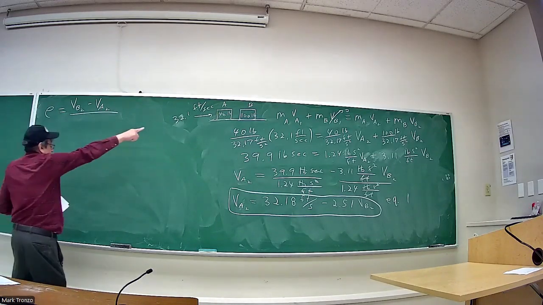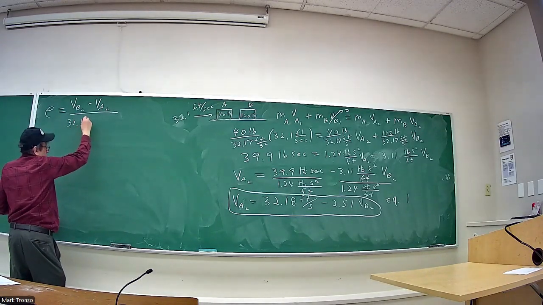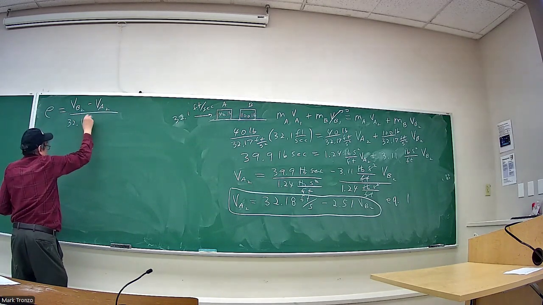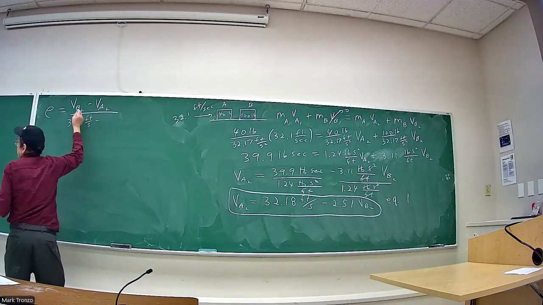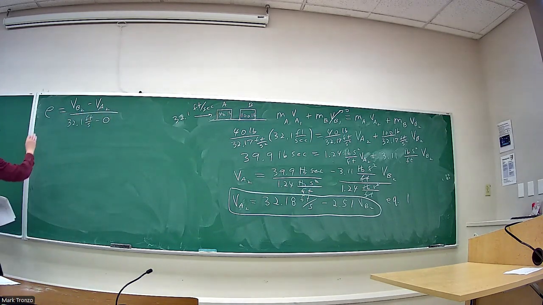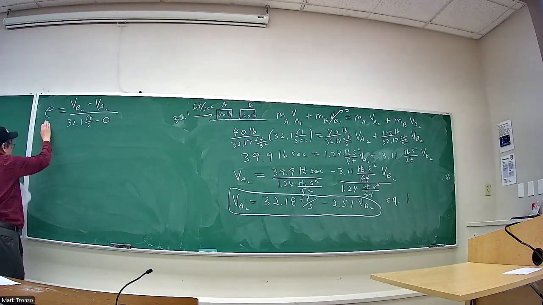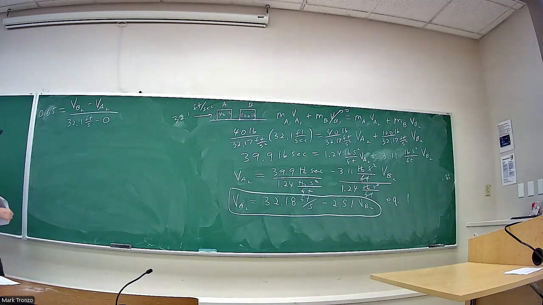In our case here, VA1 was 32.1 feet per second, and VB1 was 0. And our coefficient of restitution was 0.65, so we can put that in here.